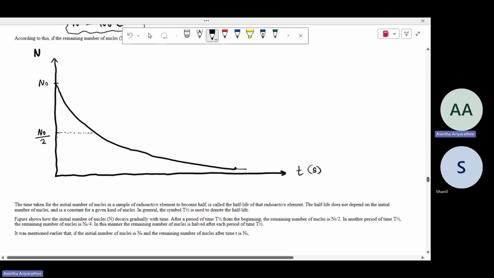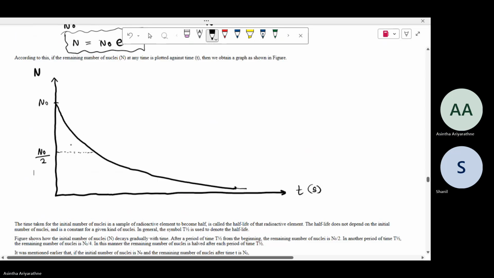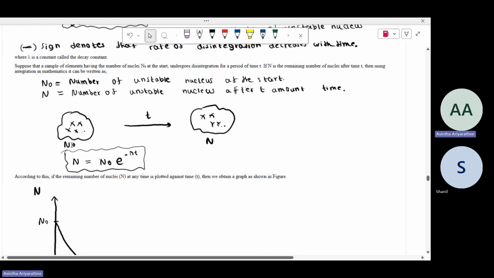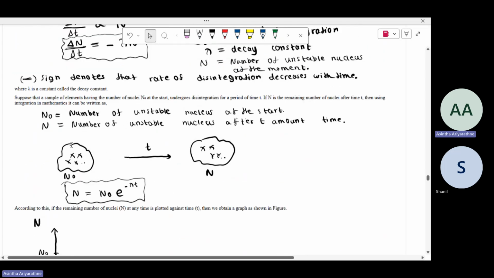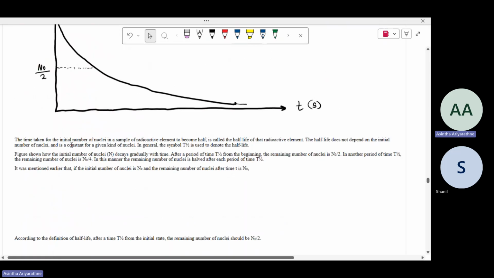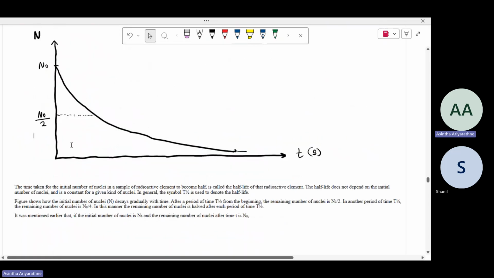N is the number of present unstable nucleus, and when it becomes just half, the corresponding time period we call the half time, denoted by t half.